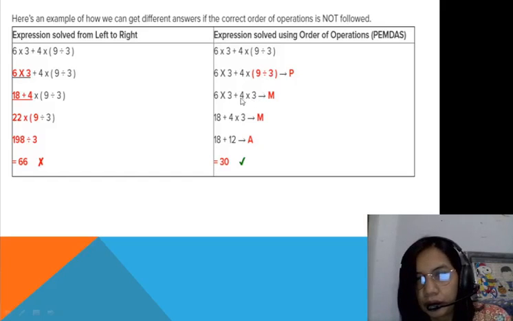So look at this: 6 times 3, 18, plus 4 times 3 equals 12. So 18 plus 12 equals 30. This is the right answer. Okay?